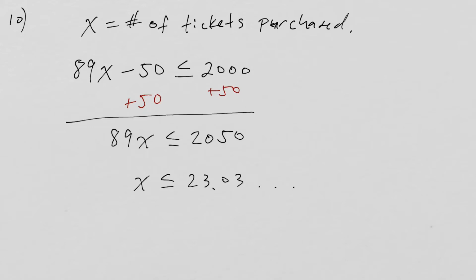Okay, now here's the thing. We cannot buy a fraction of a ticket. So if x has got to be less than 23 point something, really x has got to be less than or equal to 23. So we can buy at most 23 tickets.